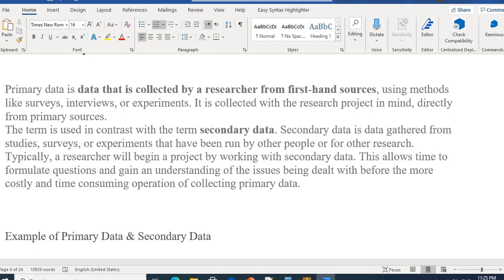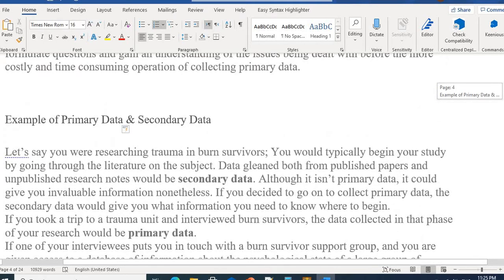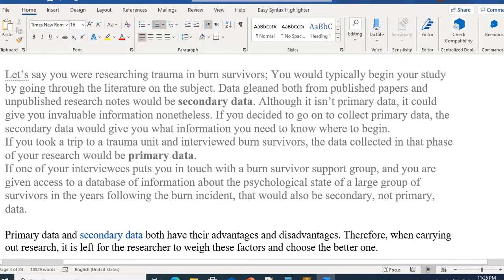Examples of primary and secondary data: let's say you are a researcher in trauma in burn survivors. You would typically begin your study by going through the literature on the subject.